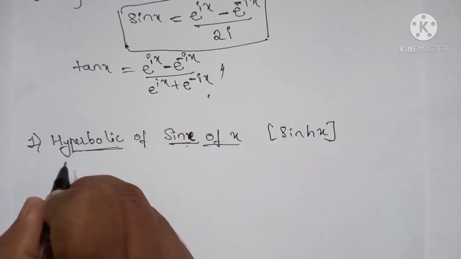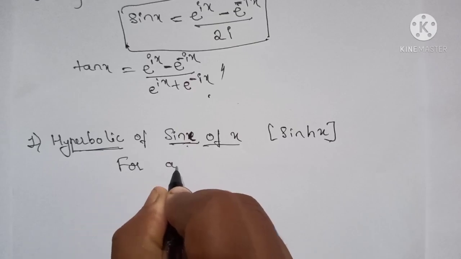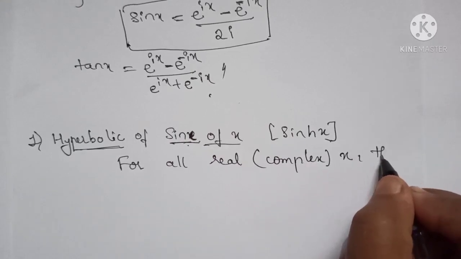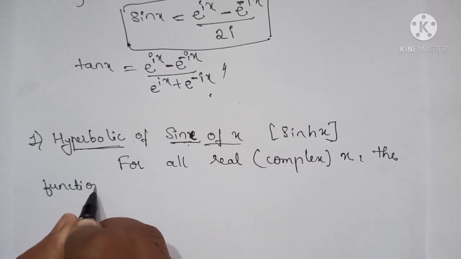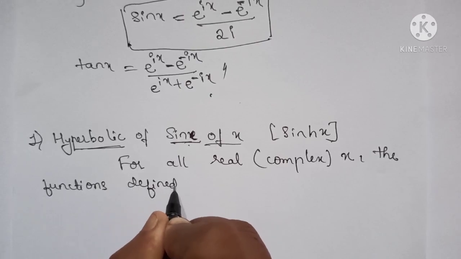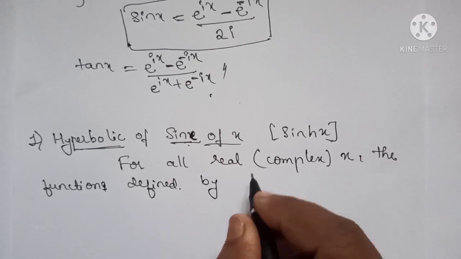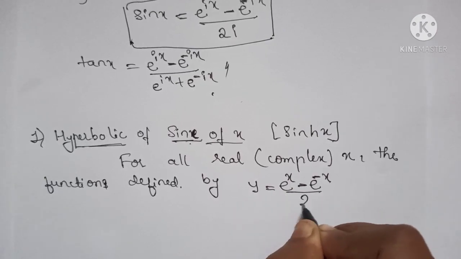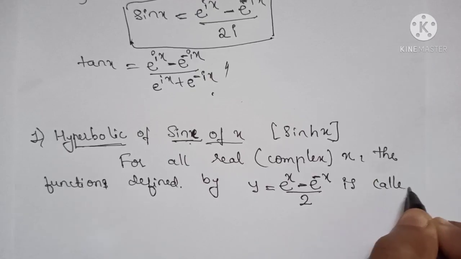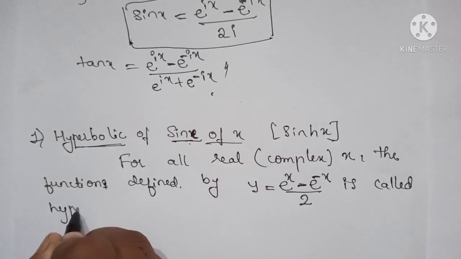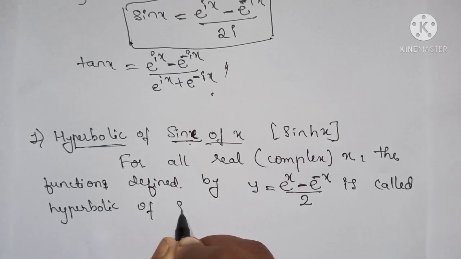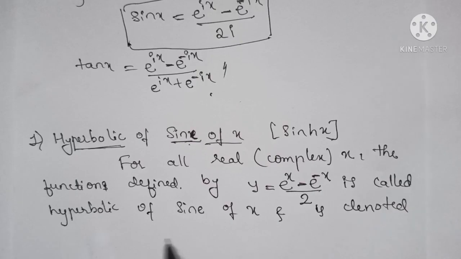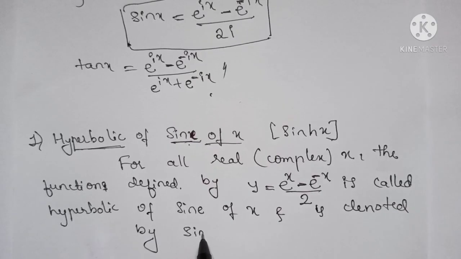So this is defined as: for all real or complex x, the function defined by y equals e raised to x minus e raised to minus x divided by 2 is called hyperbolic sin of x and is denoted by sin hx.